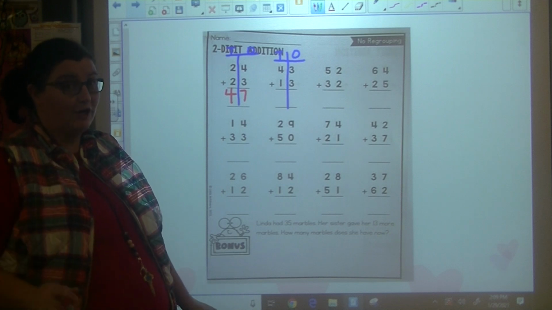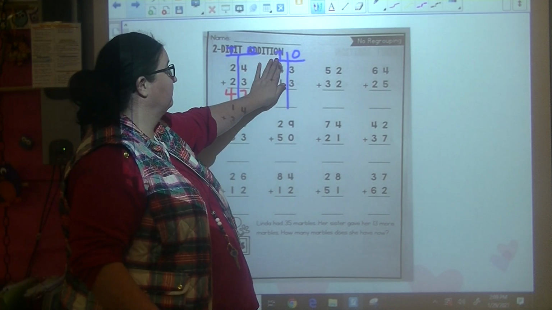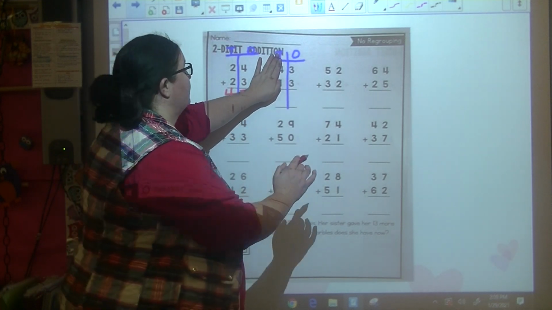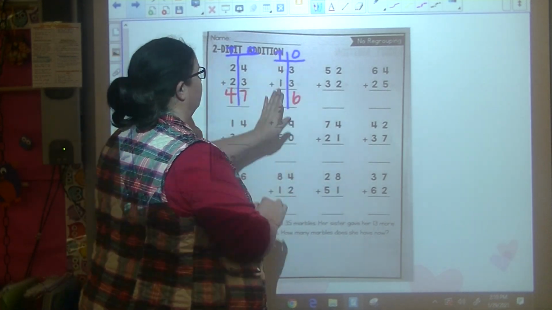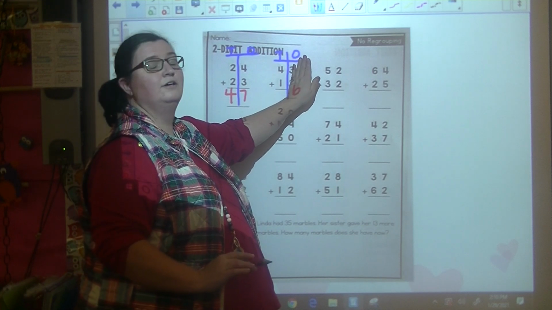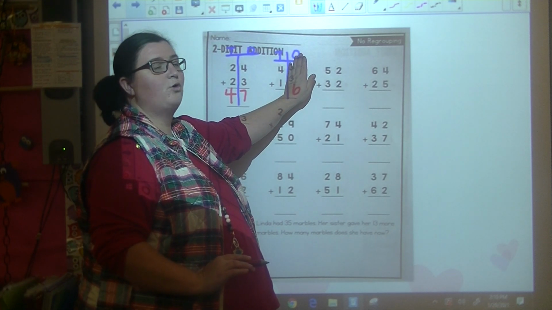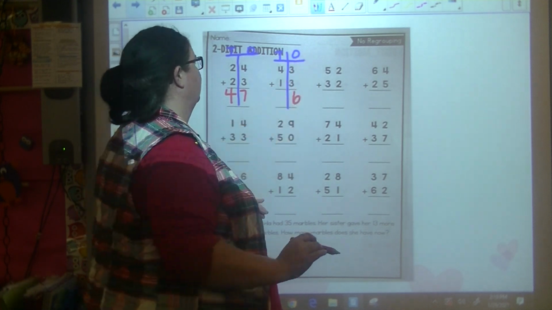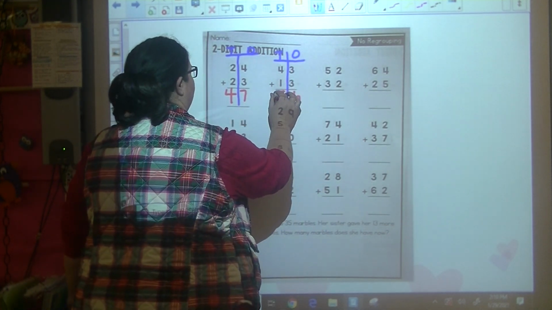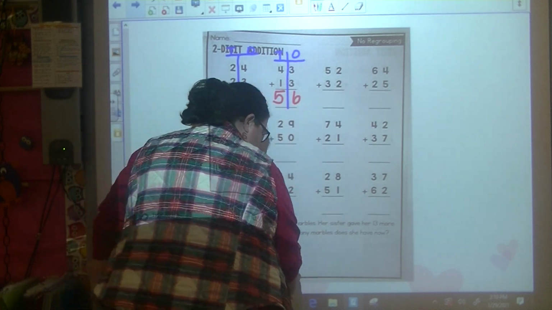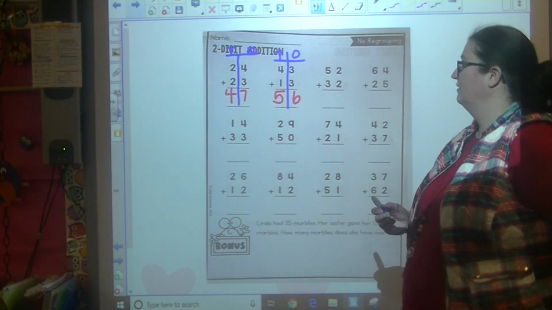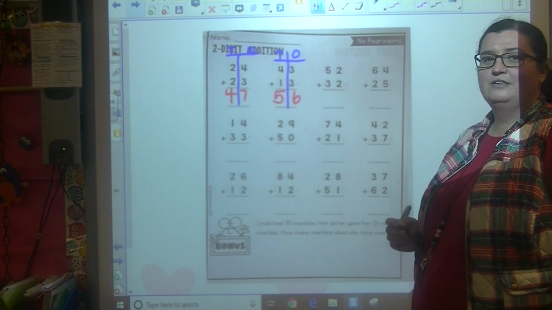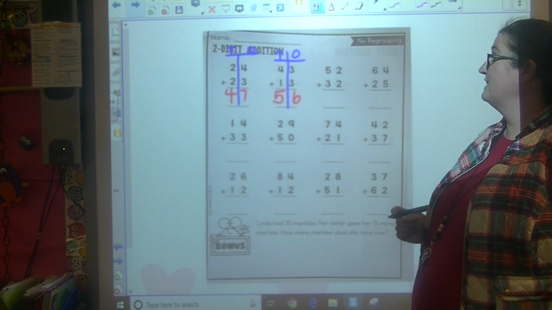Tens hide first. So cover up your tens. Now let's add. What's 3 plus 3? 6. Switch sides. Ten side. What's 4 plus 1? 5. Write it. What's your answer? 56.